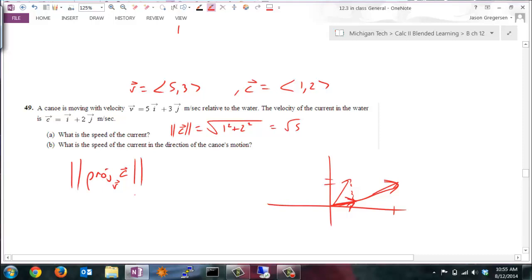Okay. And magnitude because they're saying speed. So this is really just the scalar projection of u onto v. And in general, if I wanted the vector, say how much is this actually pushing me, I would just find the projection. Yep. Question? And then find the magnitude of the resultant vector. That's a different question.